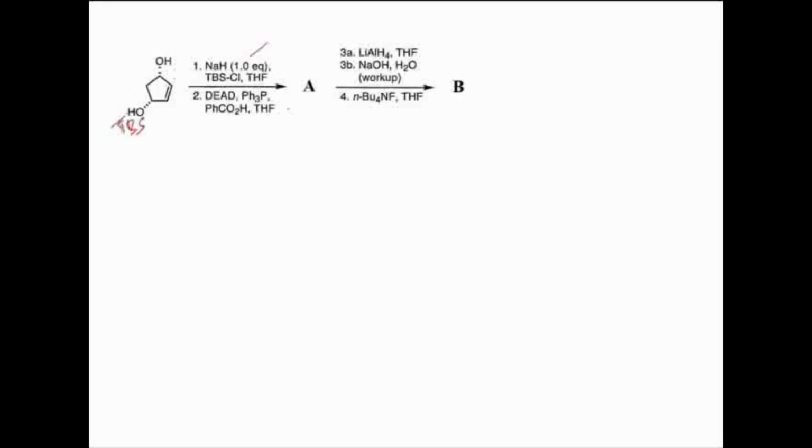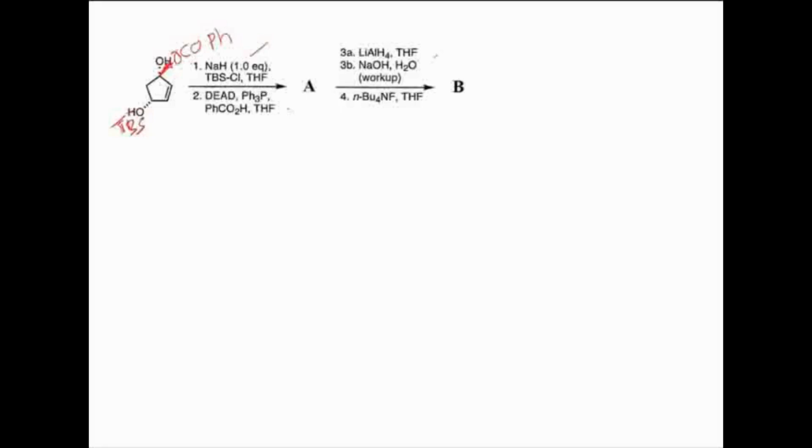Second step is Mitsunobu, DEAD and triphenyl phosphine. The other OH group undergoes inversion of configuration, followed by ester formation, OCOPh. So this is the ester. We have incorporated an ester in this compound.